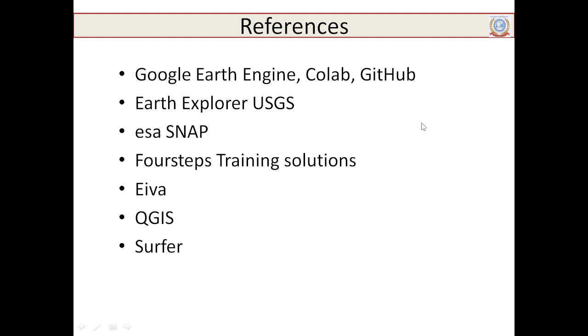Then I have taken a lot of inputs and applications from Four Steps Training Solutions, a voluntary service agency which has provided a lot of neural network and machine learning codes that were useful for me in making this presentation also.